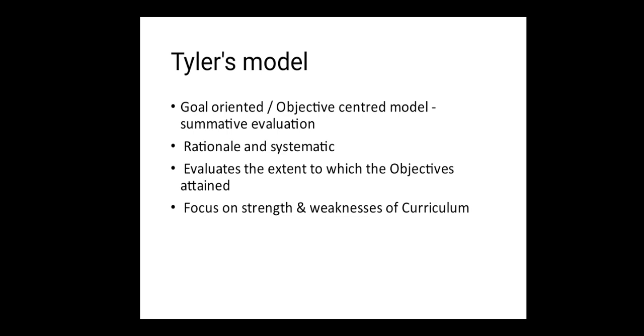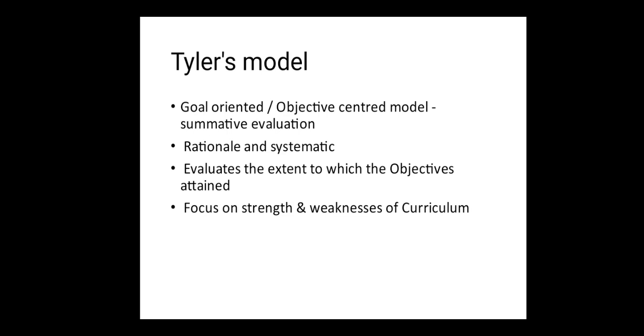The model was developed in 1950, but even now it's a very strong model because it is rational as well as systematic, and the steps and procedure in the model are highly systematic. Even now people are following Taylor's model for curriculum improvement or curriculum assessment, and it evaluates the extent to which the objectives are attained. So that's what this model proposes.